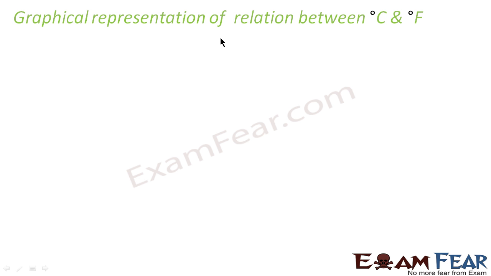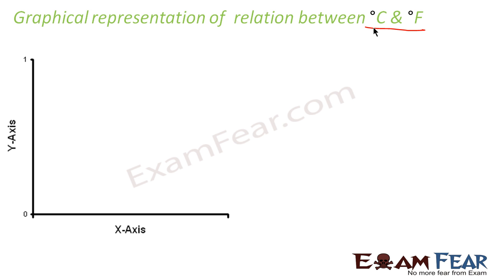Now we will look at the graphical representation of the relation between Celsius and Fahrenheit. Just now we saw that Tc/5 = (Tf - 32)/9. So how can we represent it graphically? Let us say we have the Celsius scale on the x-axis and the Fahrenheit scale on the y-axis.